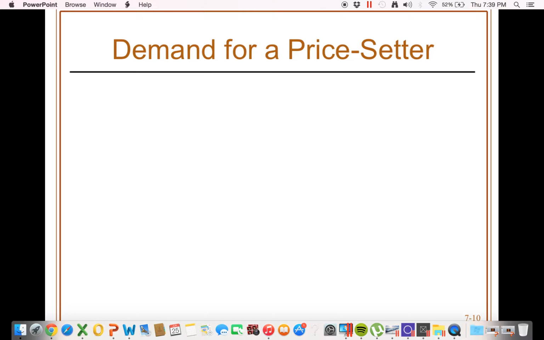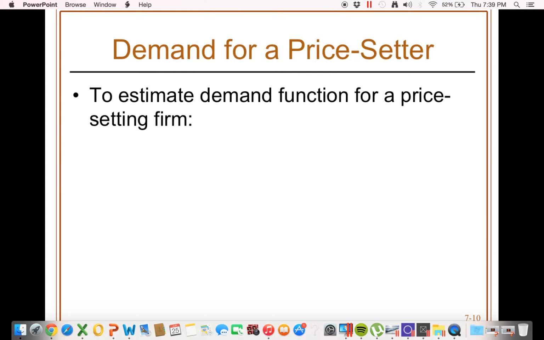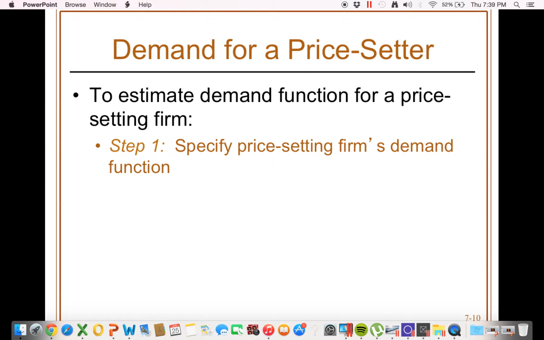So to estimate the demand function for a price setting firm, there are several steps included. The first step is to specify the price setting firm's demand function. Really, what does specifying mean? This means saying what are the things that are going to affect our quantity demanded.